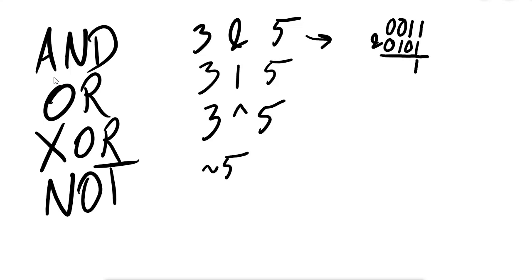It's 0 or unset, right? So since one of them is false, it's false with respect to AND. The same is true for this digit here, and in this first binary digit, none of them are set, so none are true, therefore it's false, right? So this 3 AND 5 is equal to the number 1.